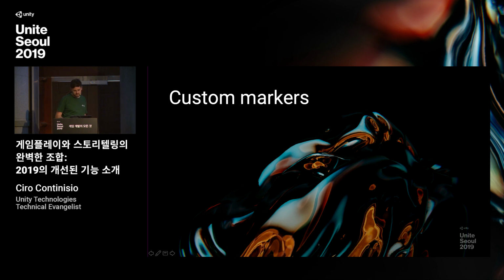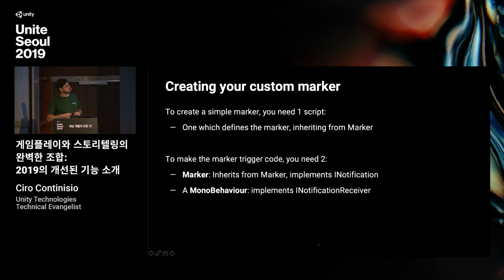So let's see how. To create a very simple custom marker that doesn't do much, you really only need one script, and it's the one that defines the marker. And as you can see, it inherits from the marker class.